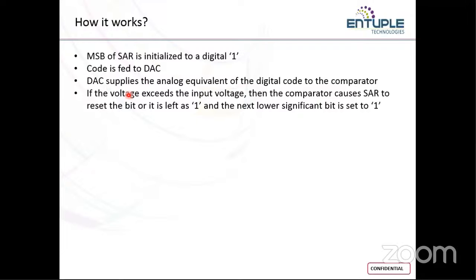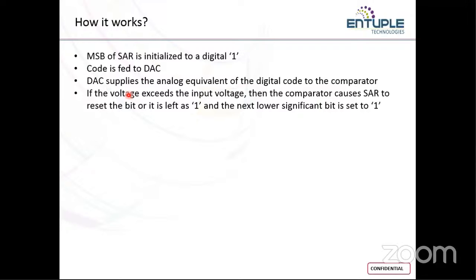So the leftmost bit is set to 1 and the remaining bits are set to 0. This will be fed to the digital to analog converter, so the DAC supplies the equivalent analog voltage for that particular digital data.